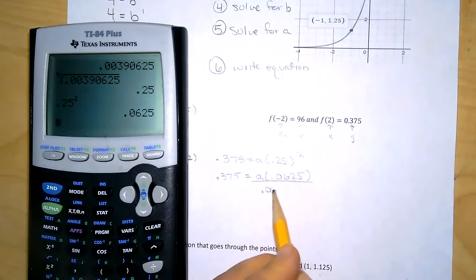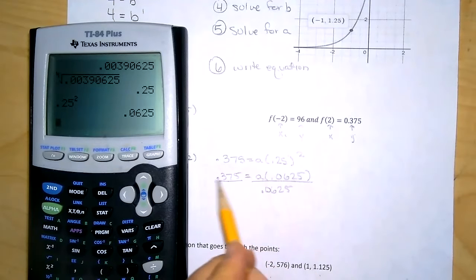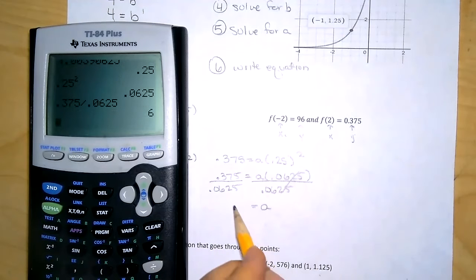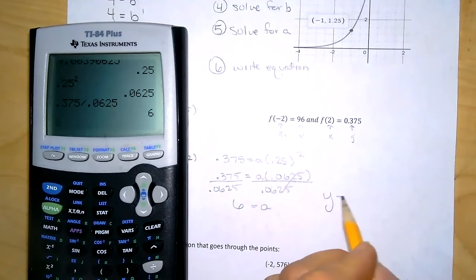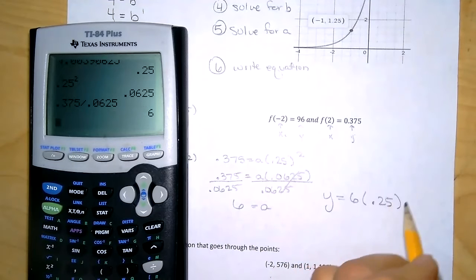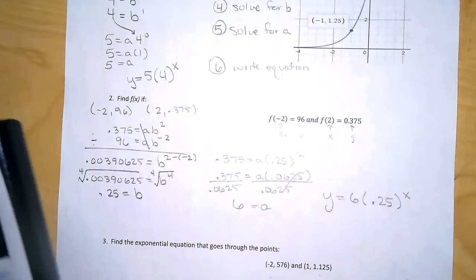Divide by 0.0625. That's going to give me a. And that gives me 6. So now I have my a, I have my b. I'm going to write my equation. y equals 6 times 0.25 to the x power.